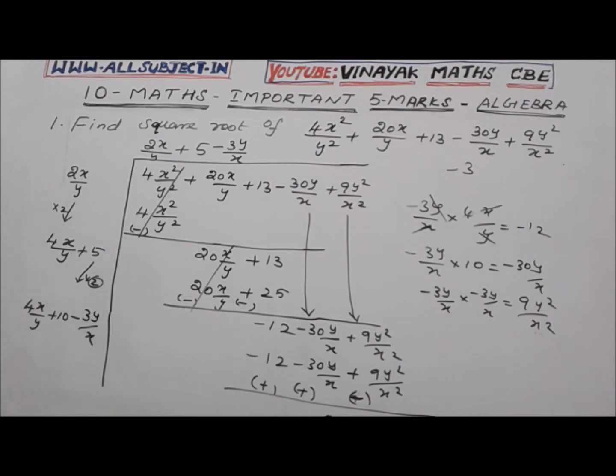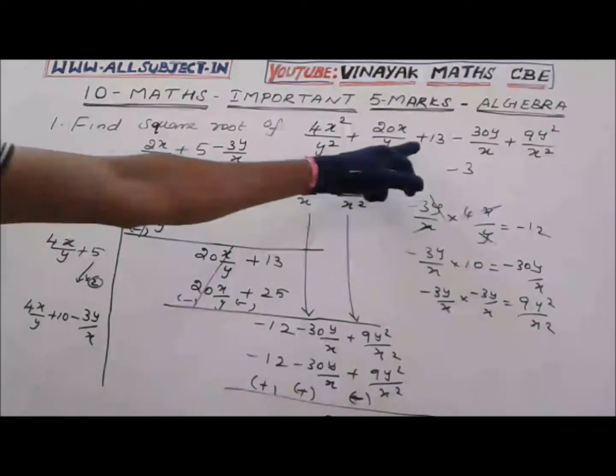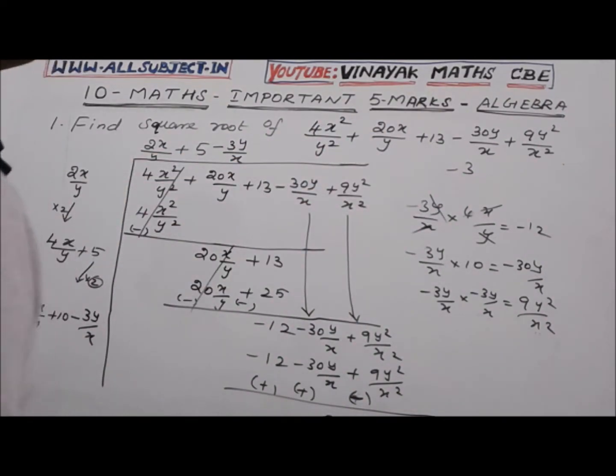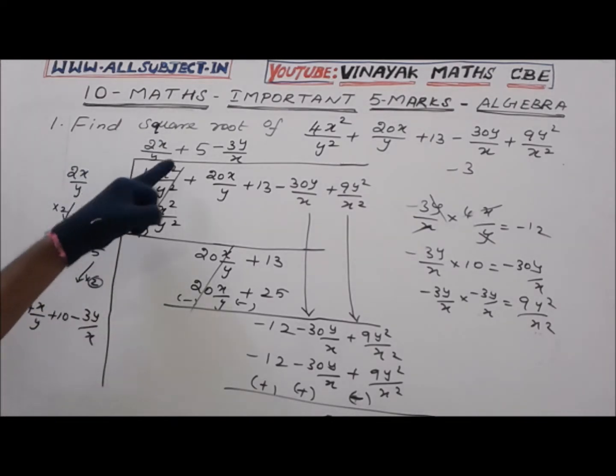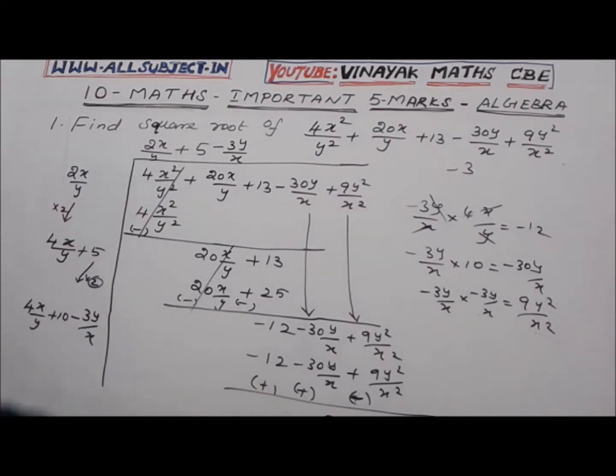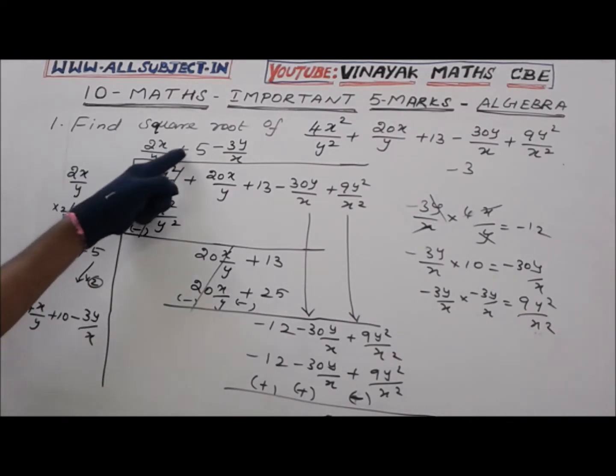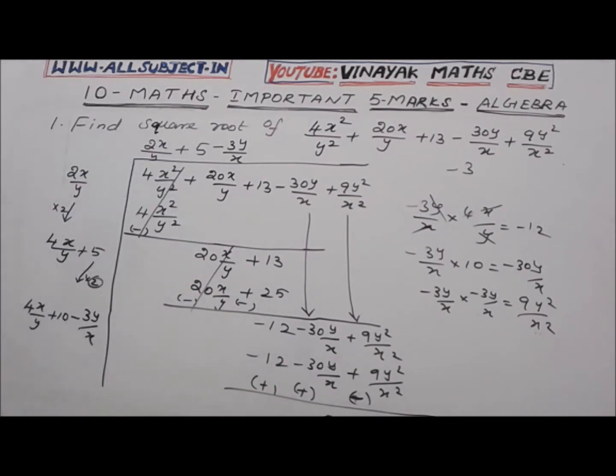Therefore, the square root of 4x square by y square plus 20x by y plus 13 minus 30y by x plus 9y square by x square is 2x by y plus 5 minus 3y by x.